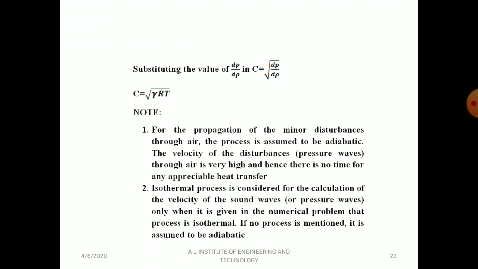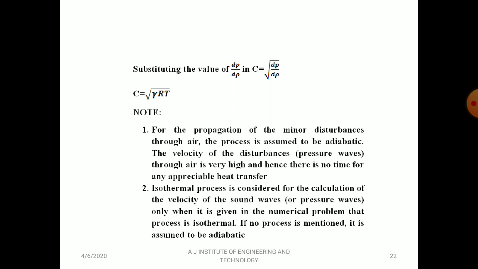Note, you have to consider these two important points. For the propagation of minor disturbances through air, the process is assumed to be adiabatic, because there is no heat transfer. The velocity of the disturbances or pressure waves through air is very high. Hence, there is no time for any appreciable heat transfer. That's what I explained.